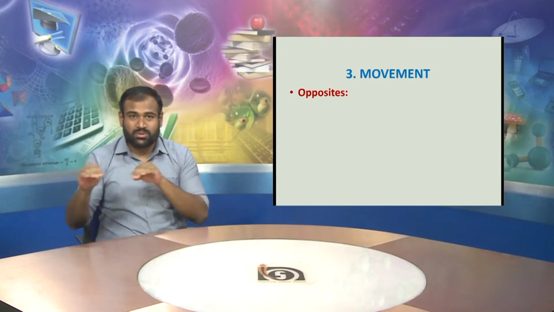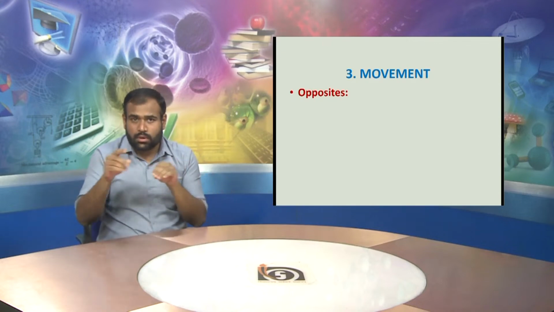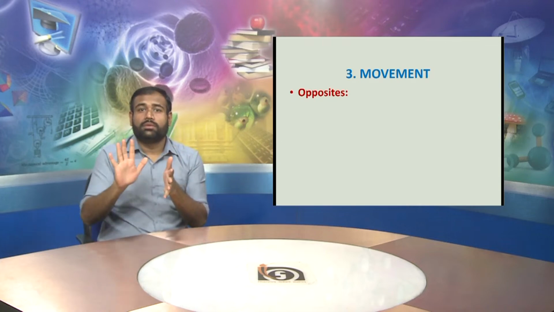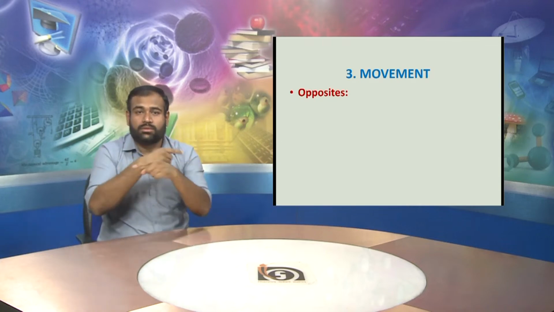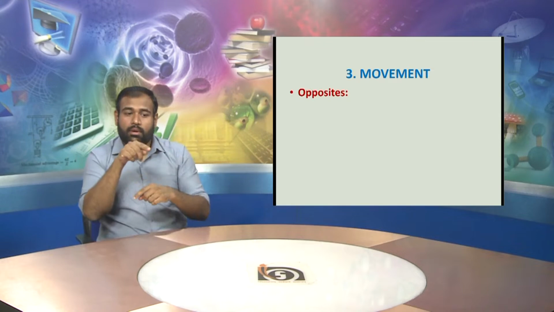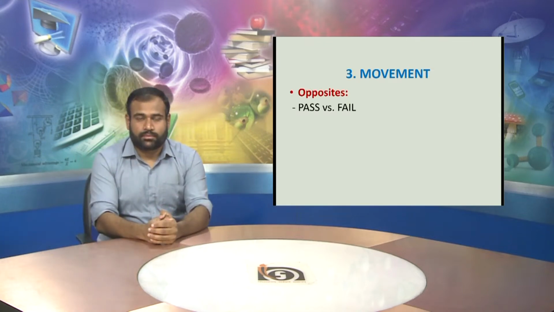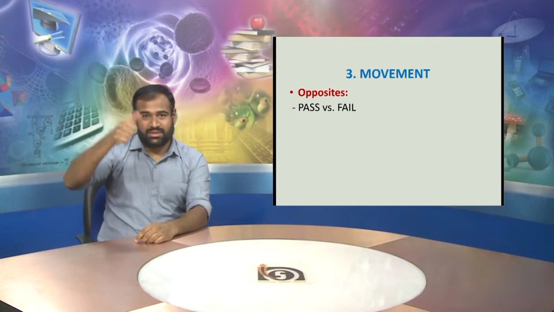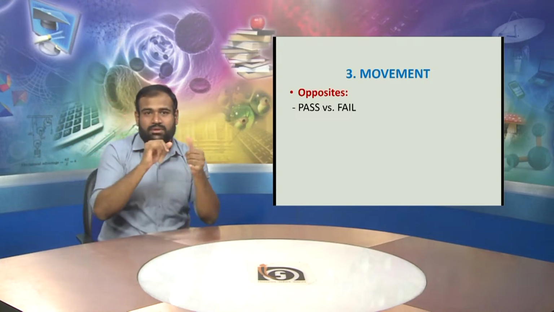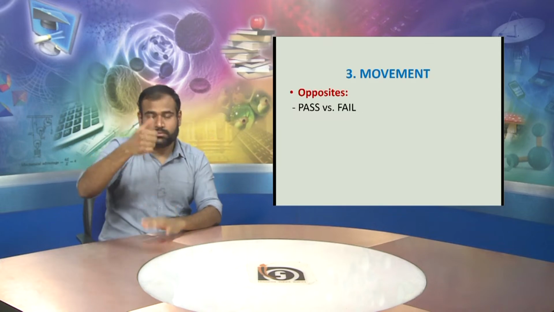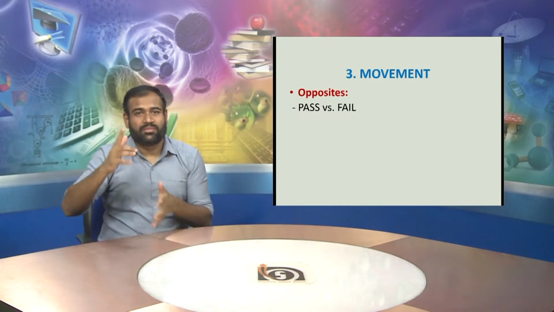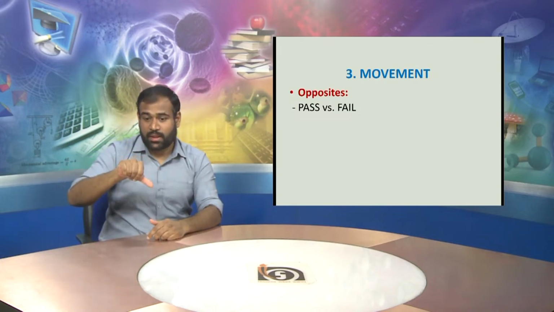Now this tells about movement. So sometimes there are opposites also. Sometimes the movements are in opposite direction. Let me show you. Pass. And the opposite of pass is, this is pass, we know. Then fail is the opposite of pass. It means fail.